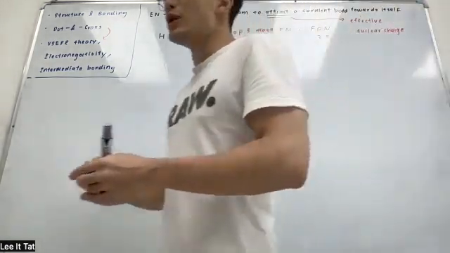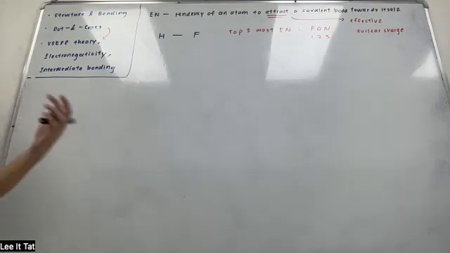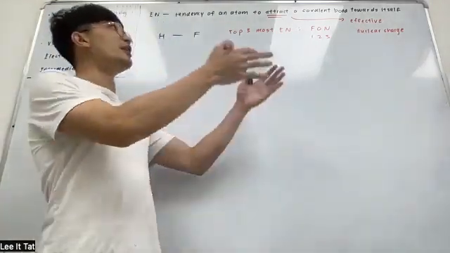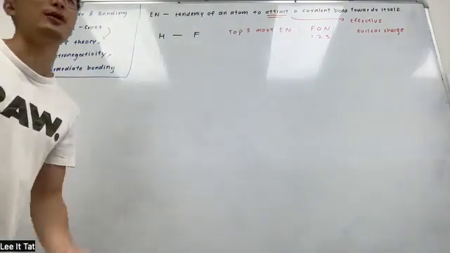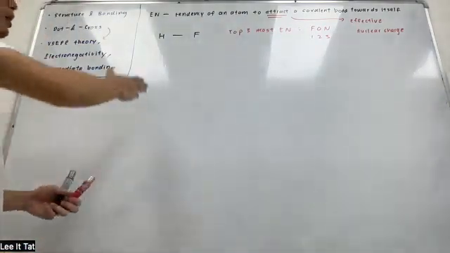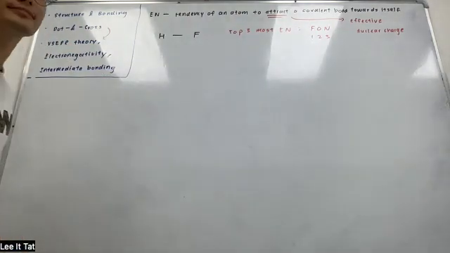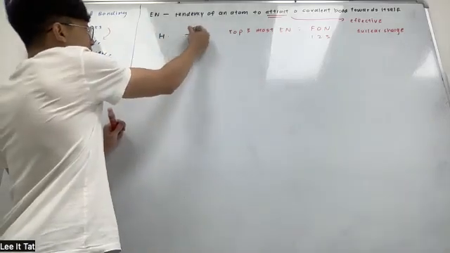We are attracting these electrons because of effective nuclear charge. Different atoms have different numbers of protons, so different attractive power. That's why the electronegativity is different as well. In this example, H and F, where are the electrons closer towards? F, because clearly F is way stronger than H.